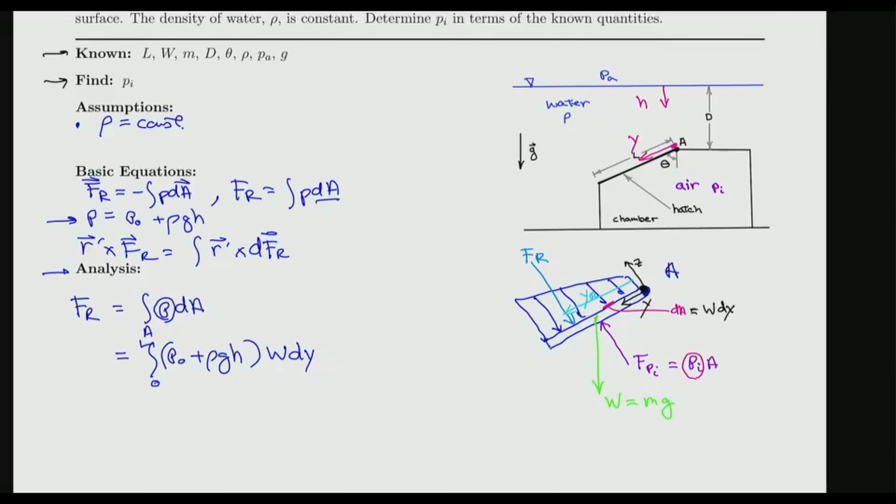And then the total h is going to be d plus the vertical component of y. So basically h is equal to d plus, and this vertical is going to be y cos theta.